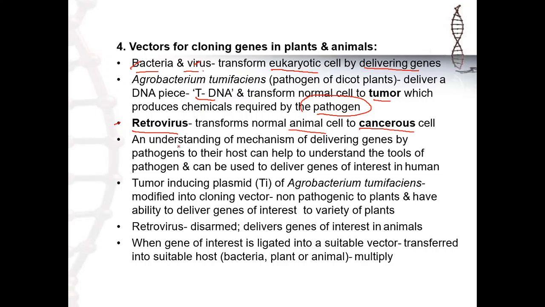Alright. So an understanding of mechanisms of delivering genes by pathogens to their host can help to understand the tools of pathogen and can be used to deliver genes of interest in humans. So the tumor-inducing plasmid, or the Ti plasmid of Agrobacterium tumefaciens, is modified into a cloning vector.